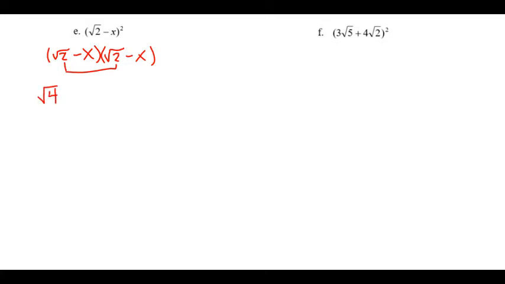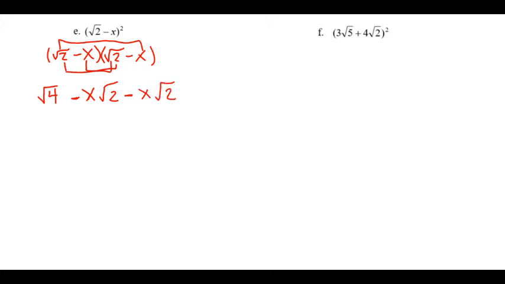I'll simplify it later. The square root of 2 times a negative x will give me negative x square root 2, because you want to try to put the variable that's outside the radical or the number first. And then here, inside we'll have negative x square root 2.